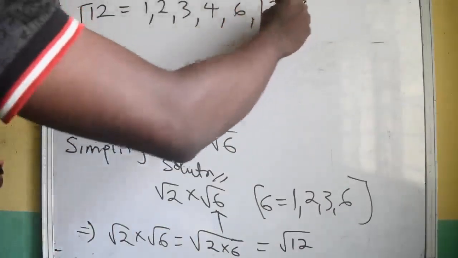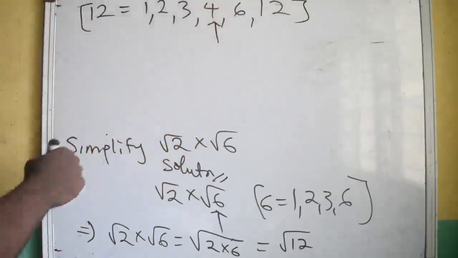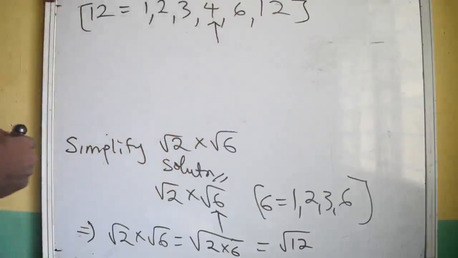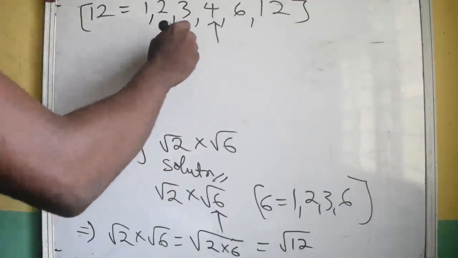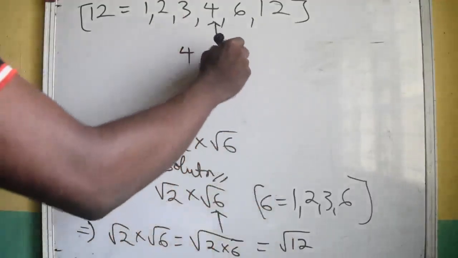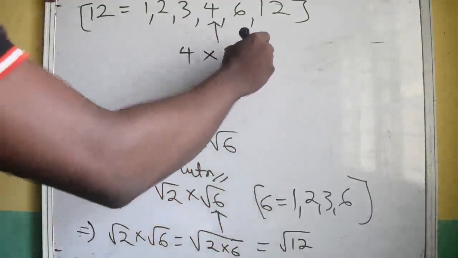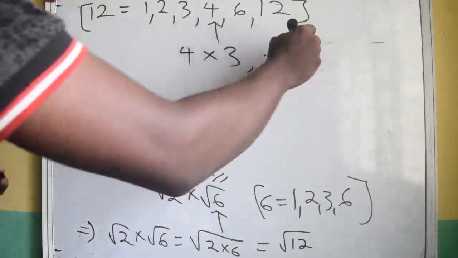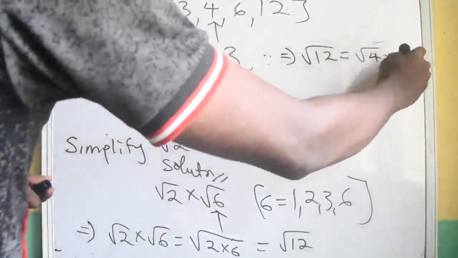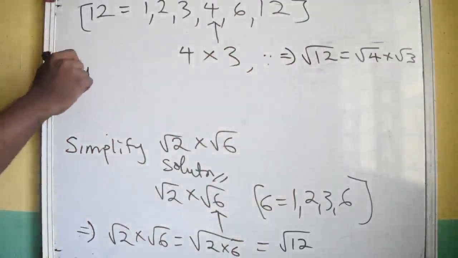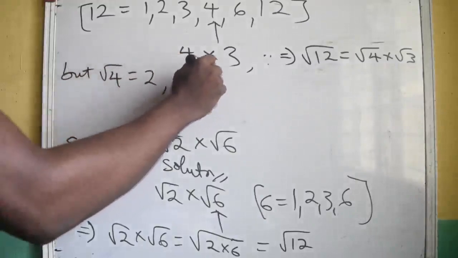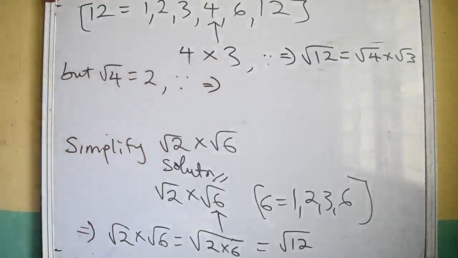From this, I can tell you that 4 is a perfect square. We'll write down 4. We'll look for another number that multiplies 4 to give us 12, and that number is 3. So root of 12 is the same as saying root of 4 times root of 3. You and I know that root of 4 is 2.